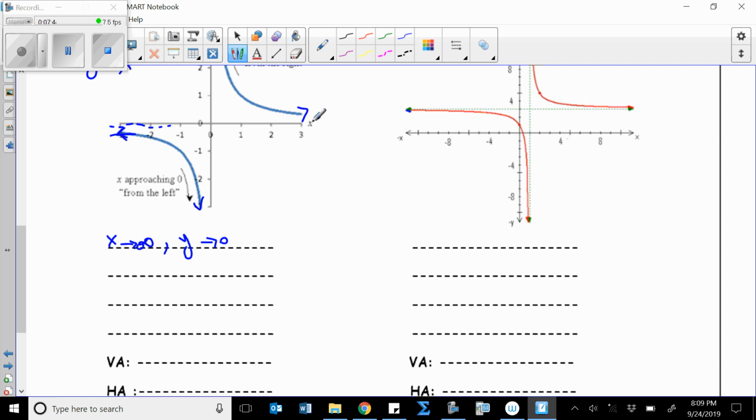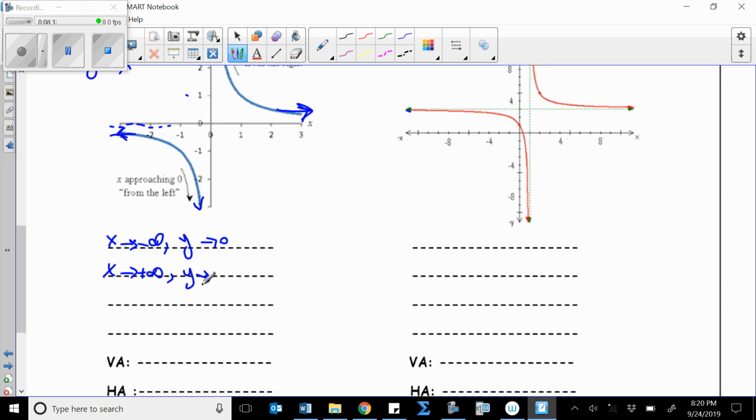Now let's talk about this side. On this side, again, x is just continuing to move to the right side. It's going to infinity. So let's make this clear: here x goes to negative infinity, and on this side x is going to positive infinity.